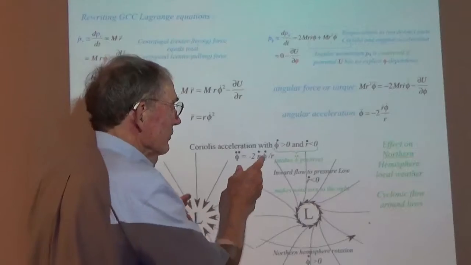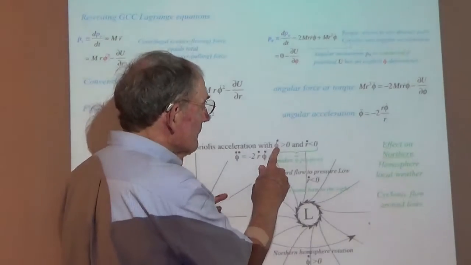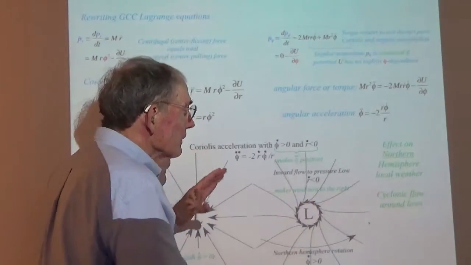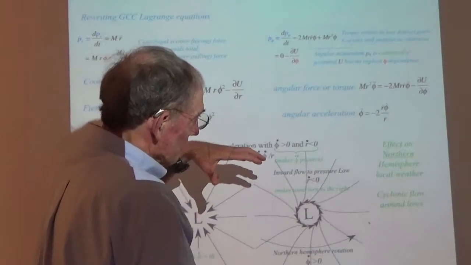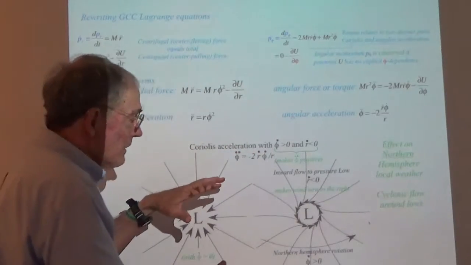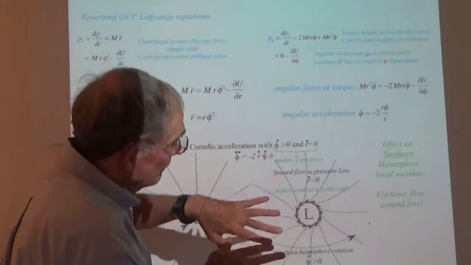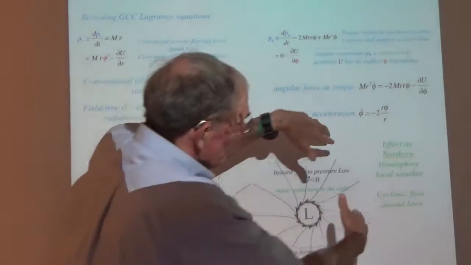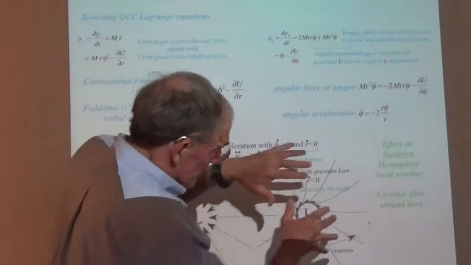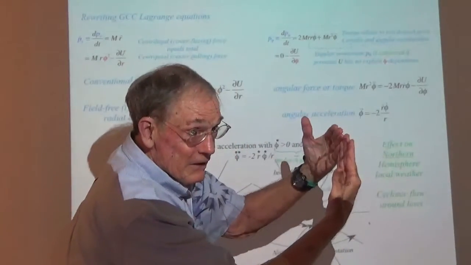What we've got is phi dot greater than 0. We're talking about the rotation of the Earth, okay? If you were at our latitude, you're sort of on the side of an Earth that's going around like this. It goes around like this, sun comes up, right?